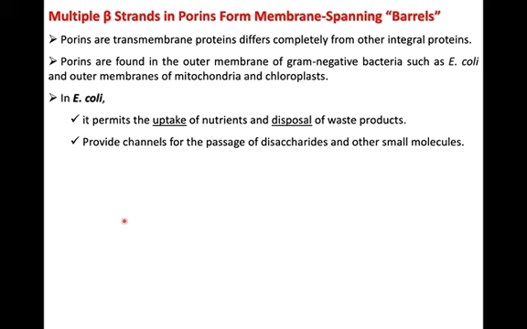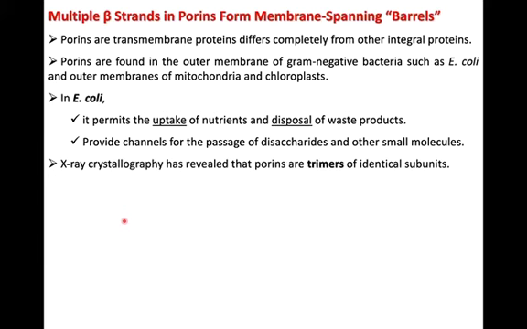And these porins provide channels for the passage of disaccharides and other small molecules. X-ray crystallography, which is a technique used to understand the structure of biological molecules, has revealed that porins are trimers of identical subunits.